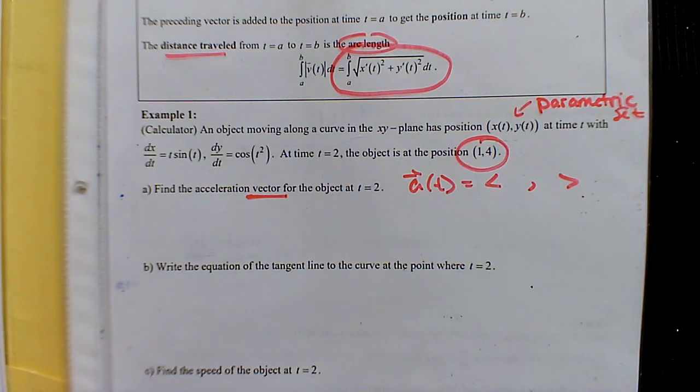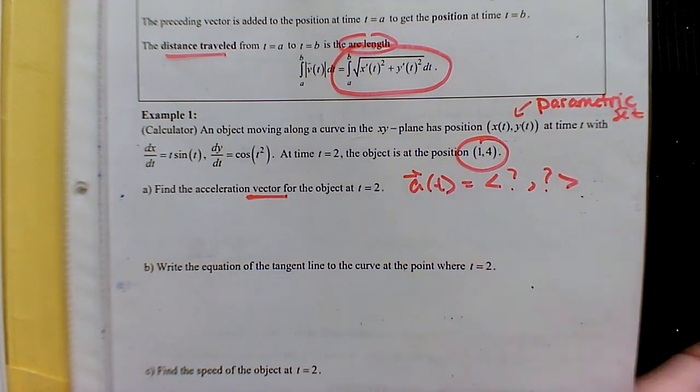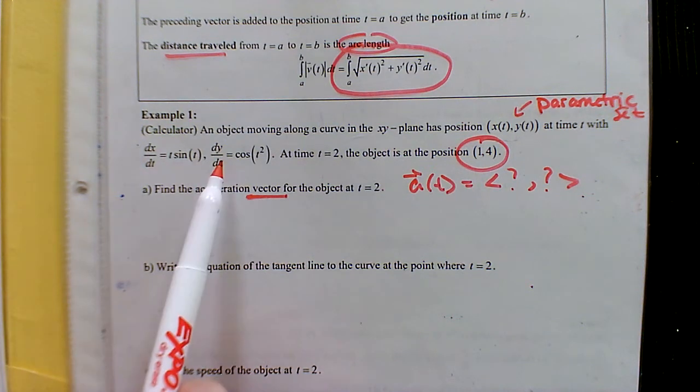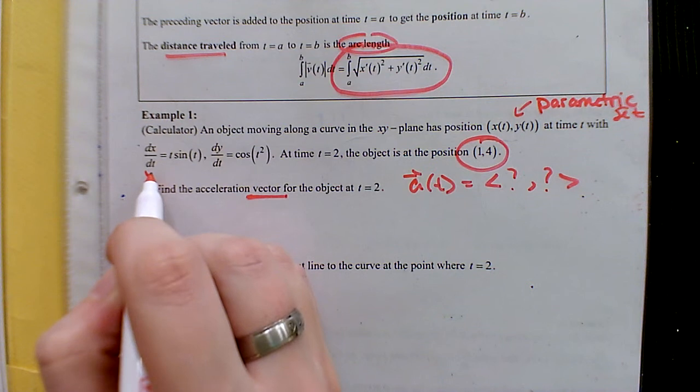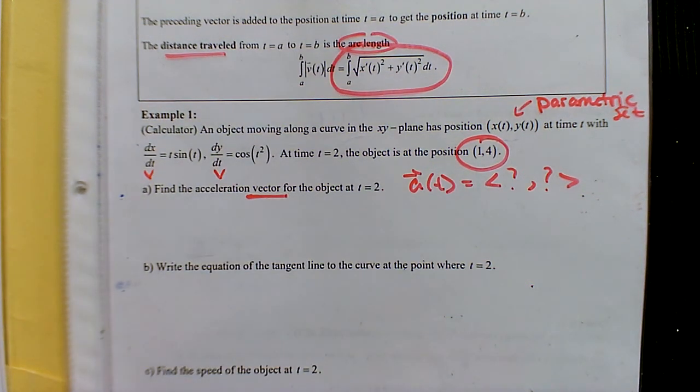Think about the order of your functions in terms of this particle movement. Is there some way we can figure out the x acceleration? There we go. So this is like your x velocity, and this is your y velocity. Those are the derivatives.